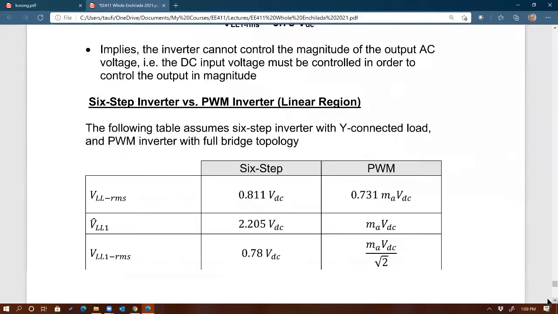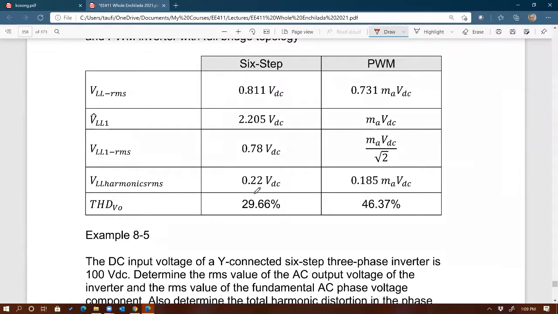All right. This is just a table to show the difference between the 6-step that we covered earlier and PWM. I'm comparing the equations for getting the RMS of the output line-to-line quantity of the output voltage. For 6-step it is 0.811 VDC, for PWM it is 0.731 MA times VDC, and so on and so forth.